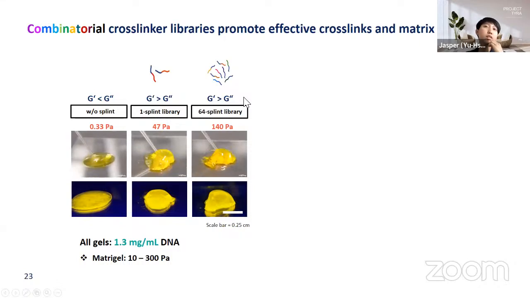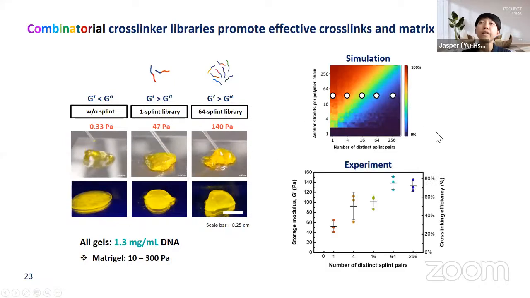With an increasing number of splint strands in your library, we get a stiffer and stiffer gel because we suppress these intramolecular loop formations. Again, I'm showing the simulation data, and the experimental results actually match nicely with our simulations: by increasing the splint diversity in the pool, we increase the stiffness over time.